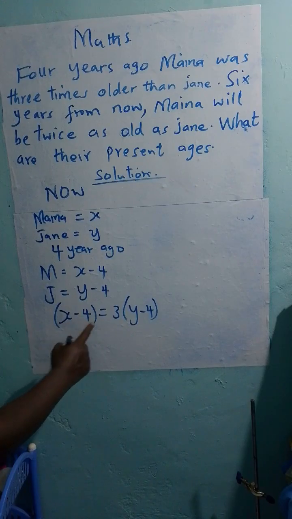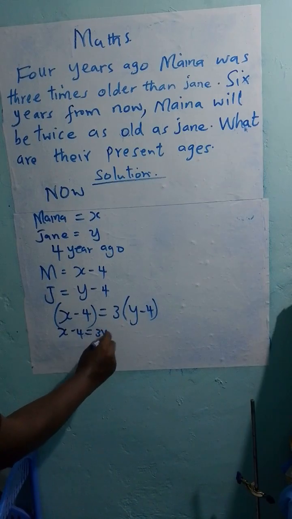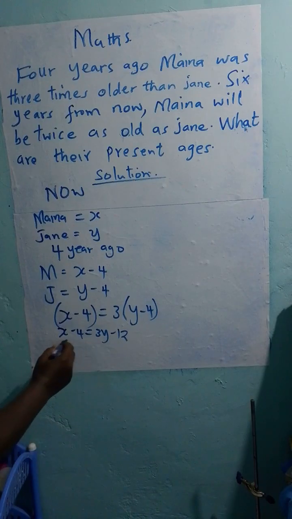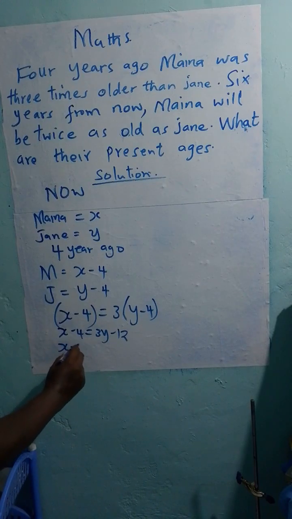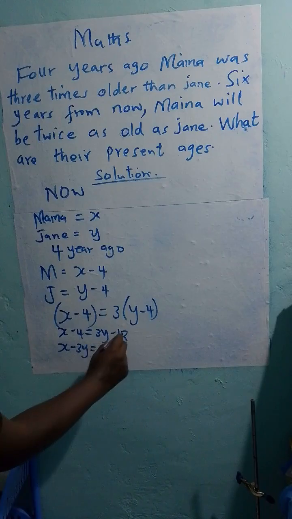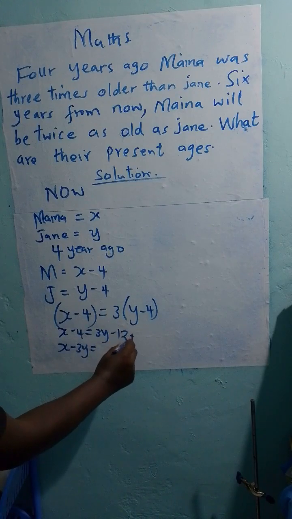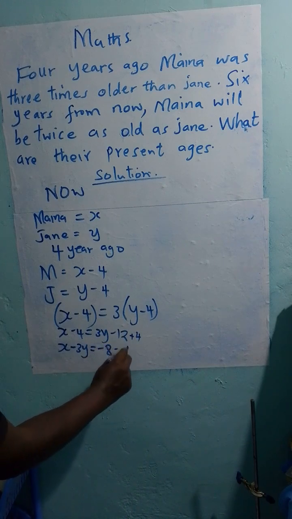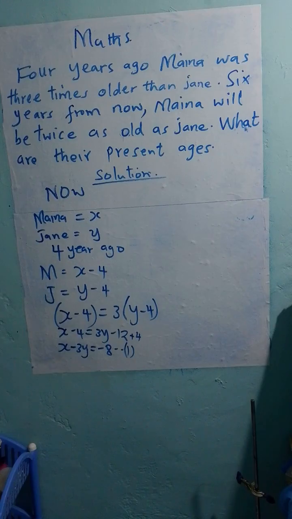This is x minus 4 equal to 3y minus 12. We can bring this, so we have x minus 3y equal to, bring here, plus 4. So we have equal to negative 8. That will be equation 1.